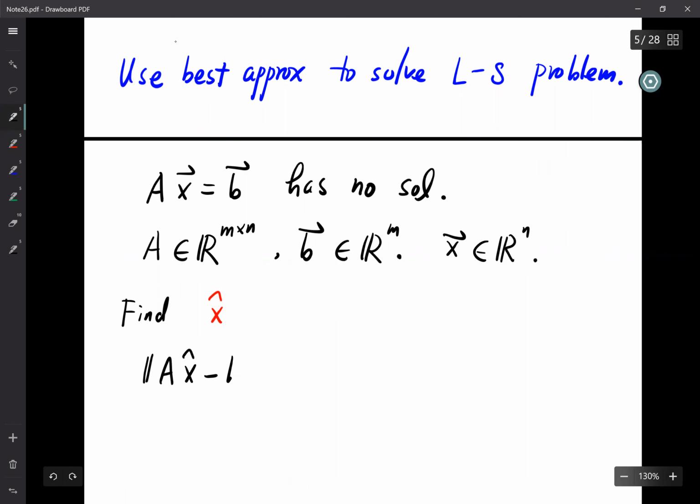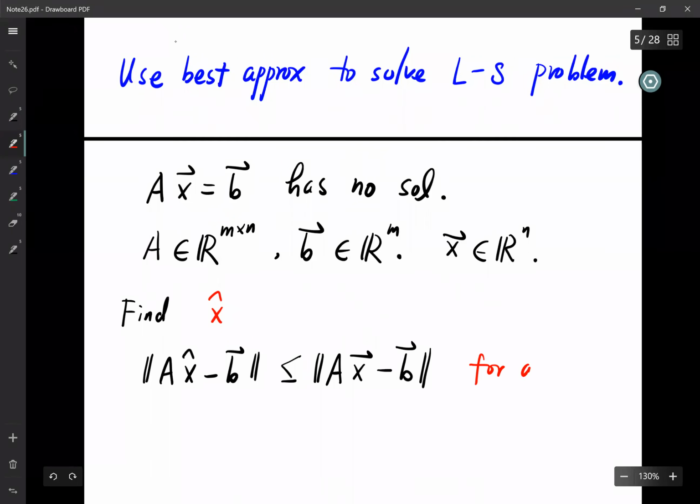What it means is that I want to find x hat so that the difference between A x hat and b is smaller than or equal to Ax minus b for any x in R^n.